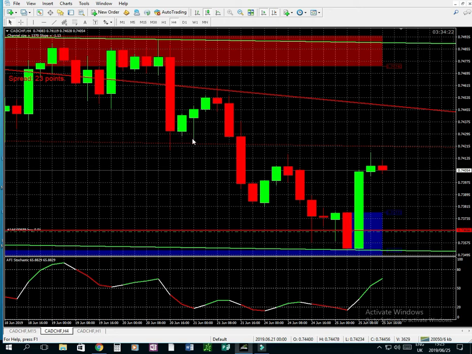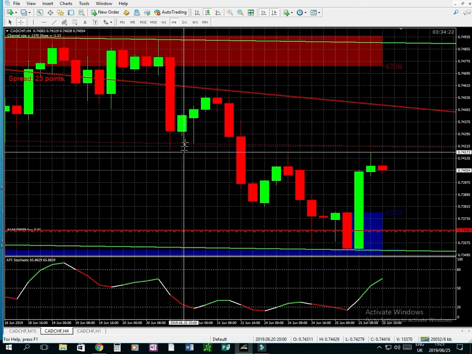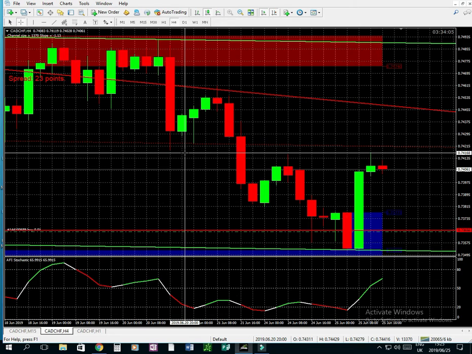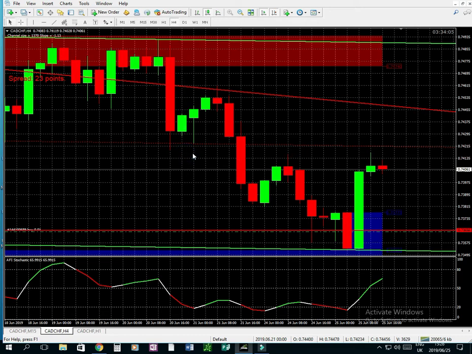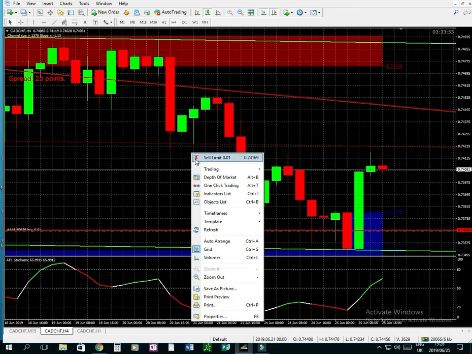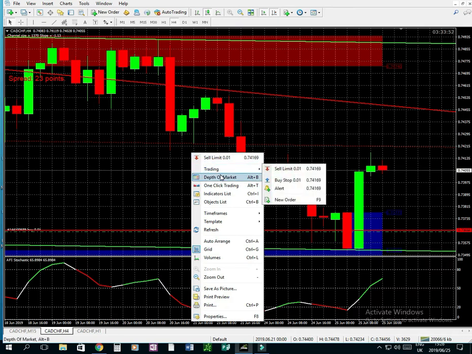So all of these wicks fall under this square box right here. Hence we take this square box into consideration, and we want to place our sell stop below this square box. So just about here in the middle of the square box is where we're actually placing our sell stop. So right here, let me just place our sell stop so that you can see what I'm talking about.